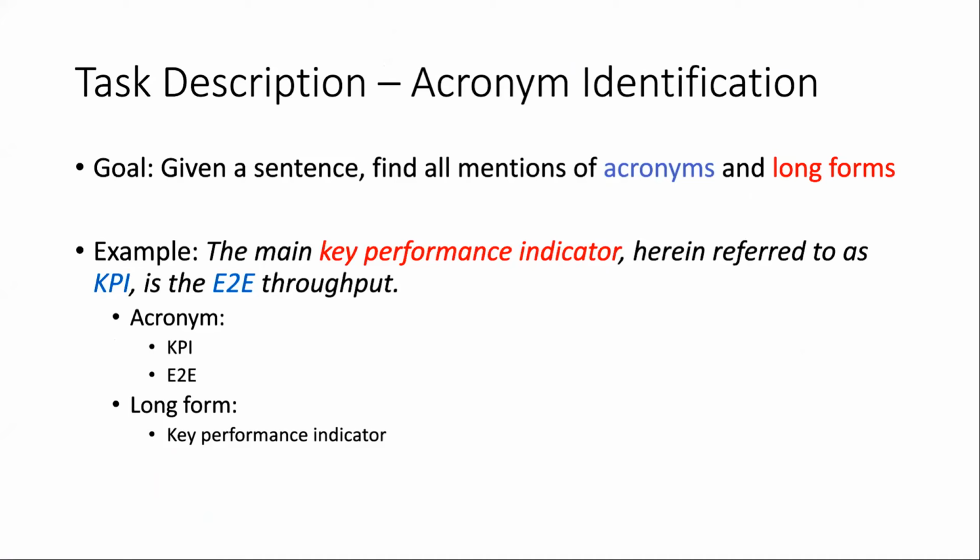For instance, in the given example, we have two acronyms, KPI and E2E. And also we have a long form, key performance indicator, which is the expanded form for the acronym KPI. And we expect the systems to find all mentions of the acronyms and the long forms in the given sentences.